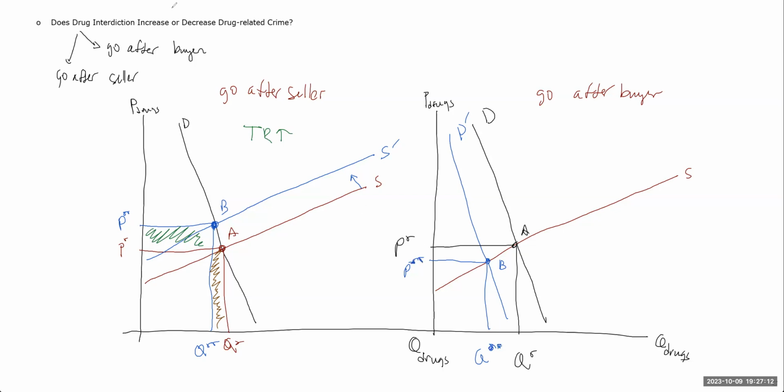Originally, this is the total revenue for drug dealers, and now it's smaller. You can see total revenue for drug dealers fell when you hire Kim Kardashian, and it fell by this much. That's because of the way the demand curve is inelastic and shaped.